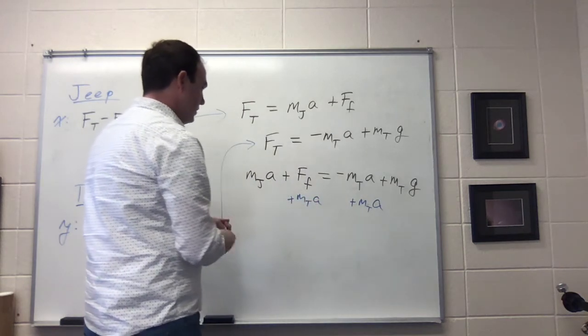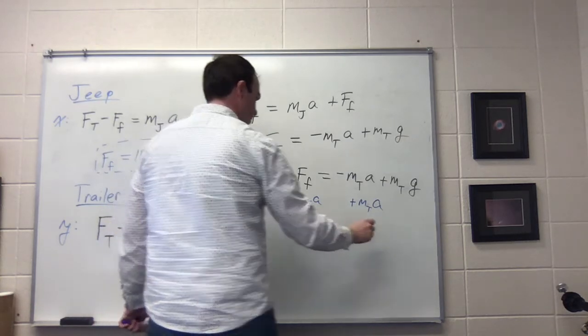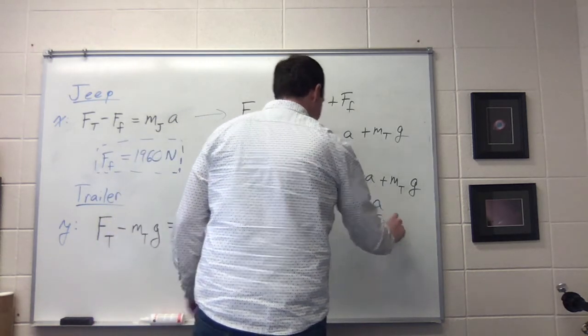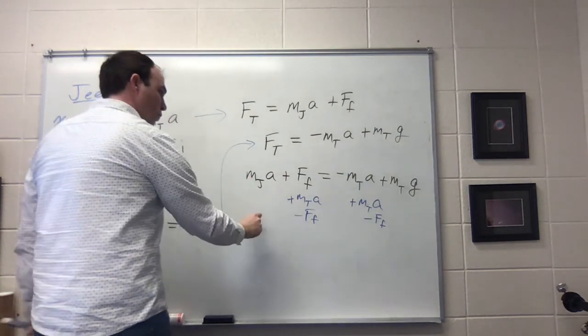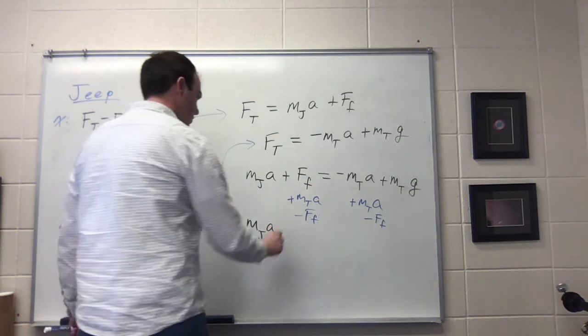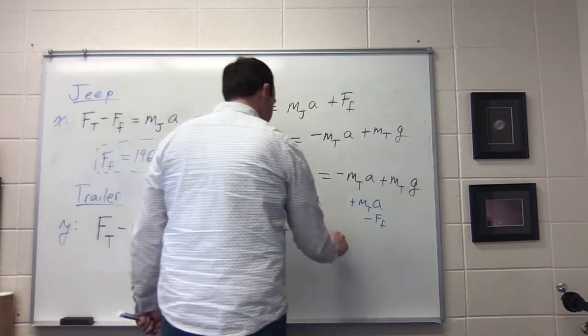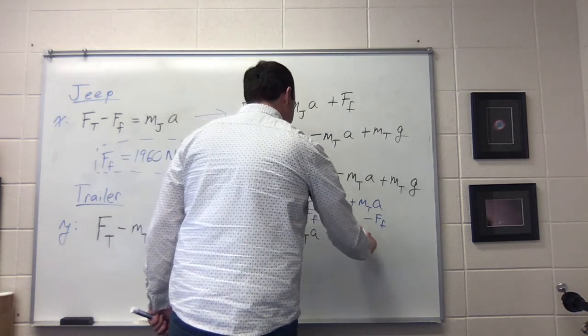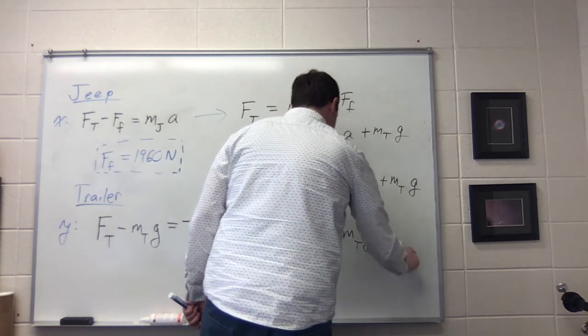And I'll also at the same time subtract the force of friction from both sides. You can do that in two steps if you're more comfortable that way. So that gives me the mass of the Jeep times the acceleration plus the mass of the trailer times the acceleration is equal to the mass of the trailer times g minus the force of friction.